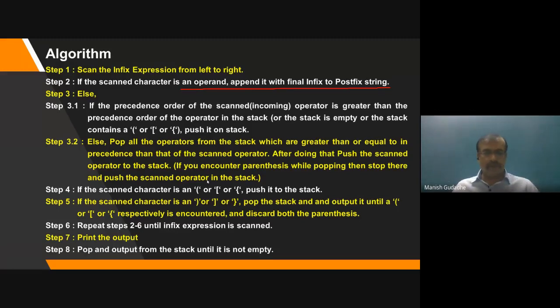If not, then the new operator will be directly pushed. And then we encounter an opening brace and a closing brace. If it is an opening brace, push it onto the stack directly. If it is a closing brace, go on popping the elements till you encounter the opening brace. So this way your algorithm works.